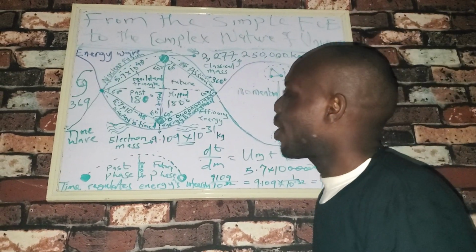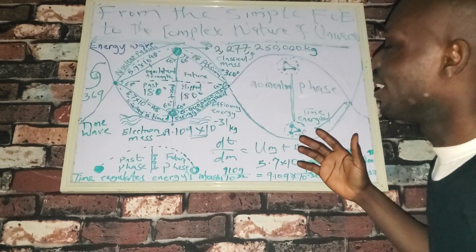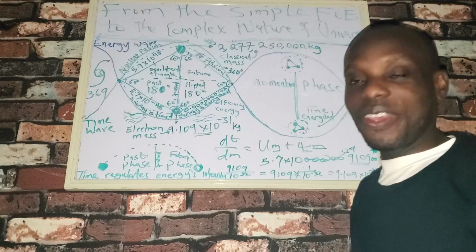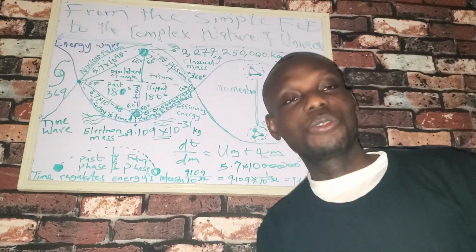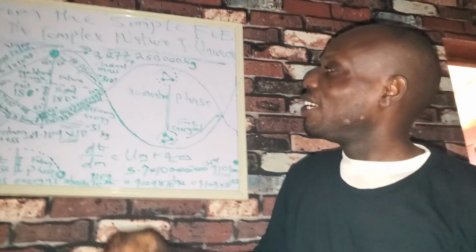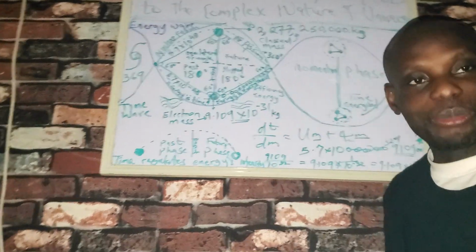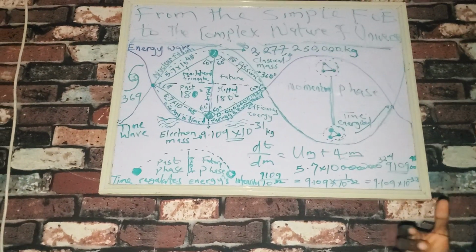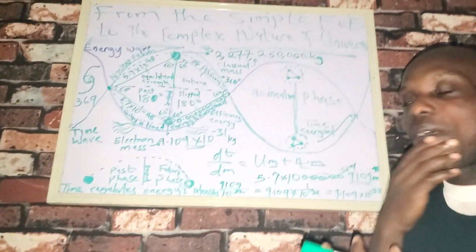Another thing we need to know is that for an event to be visible, it has to be in the phase where energy is timed. When energy is timed, then the event can be visible.